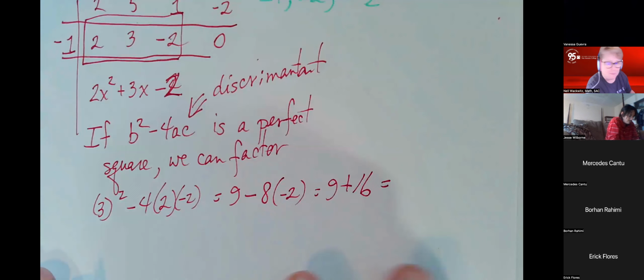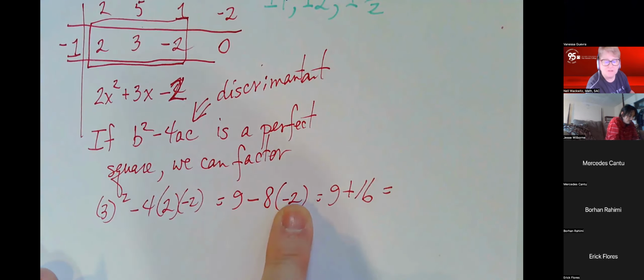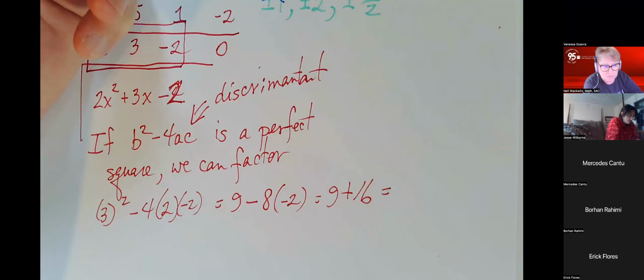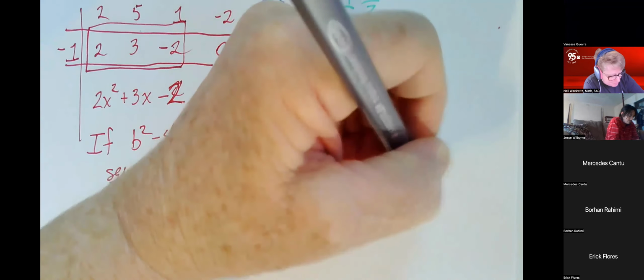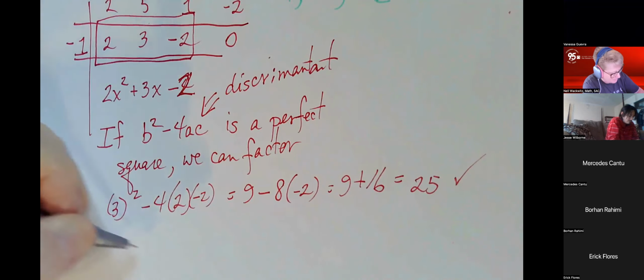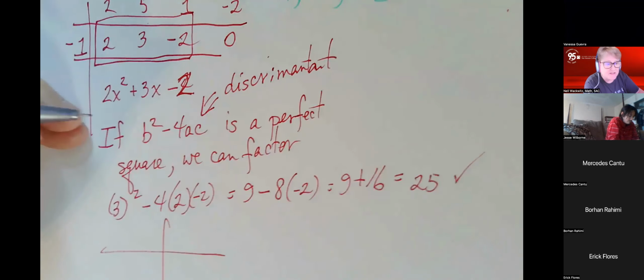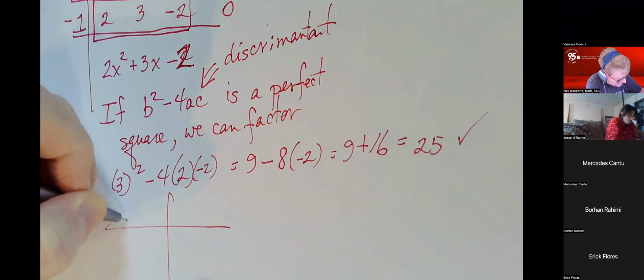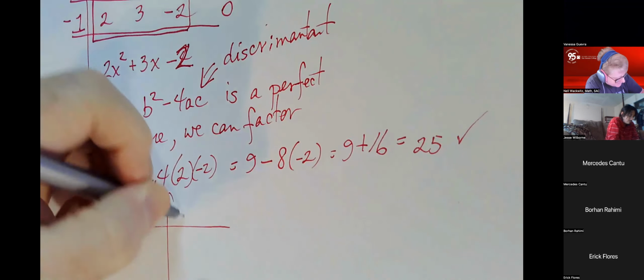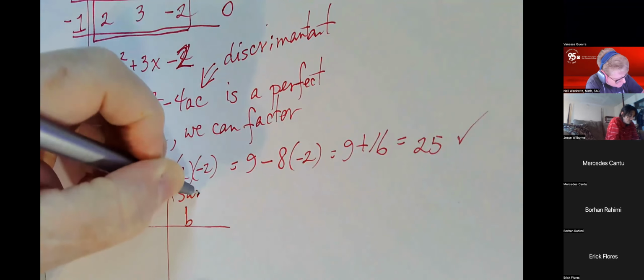Sorry, did you say -8? Yeah, -8 times -2 is +16. And then +16 plus 9. 25. Yay. So we can factor this, and this is a good one to factor. So since A is not 1, we want to find A times C for the product and B for the sum.